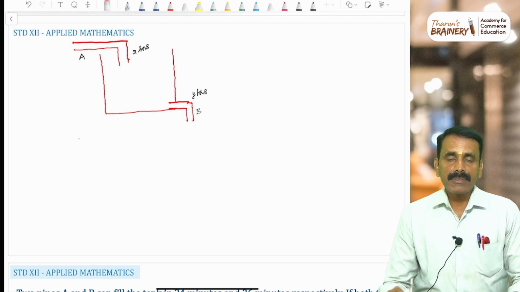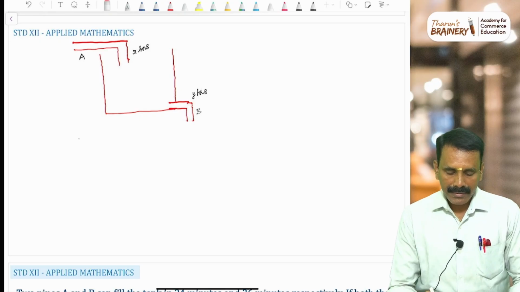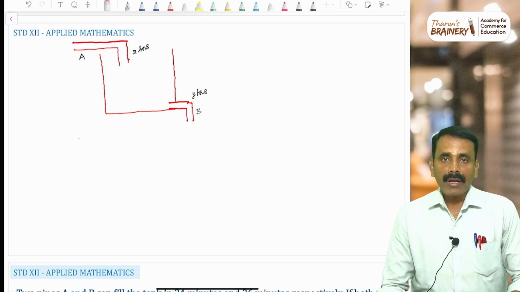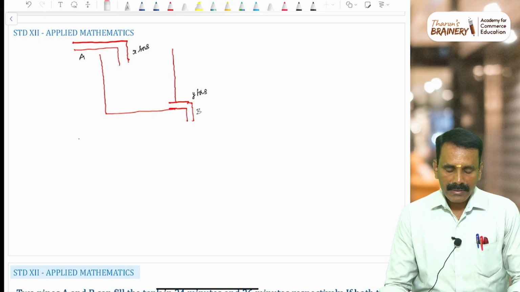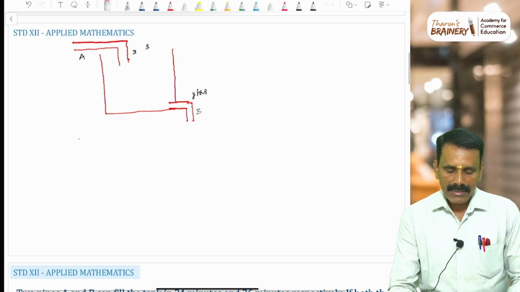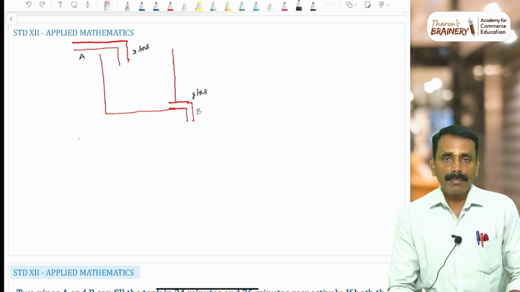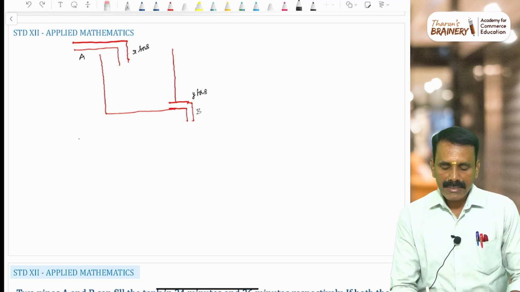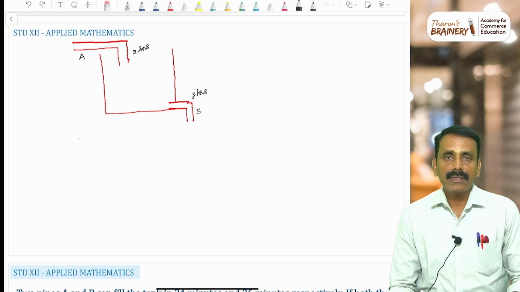Now, we are having the same scenario: a tank in which tap A fills the tank in X hours, and pipe B empties the tank in Y hours.